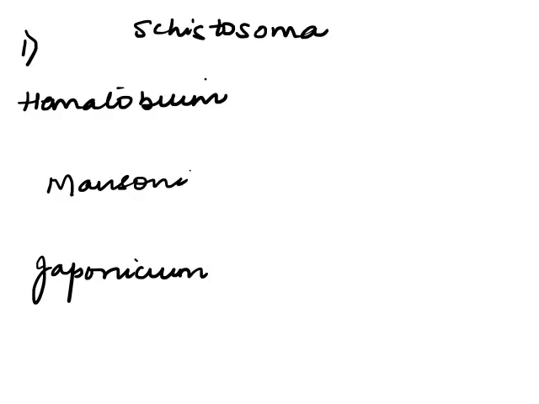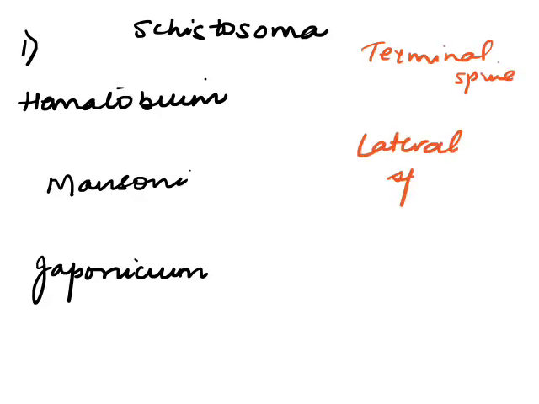We know that one of these has a terminal spine, one has a lateral spine, and one has a lateral knob.